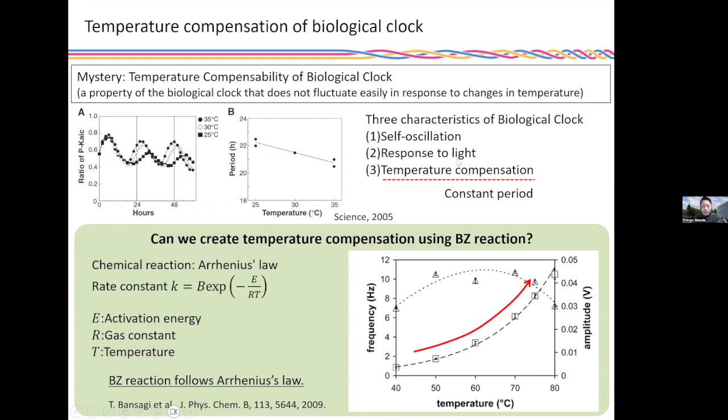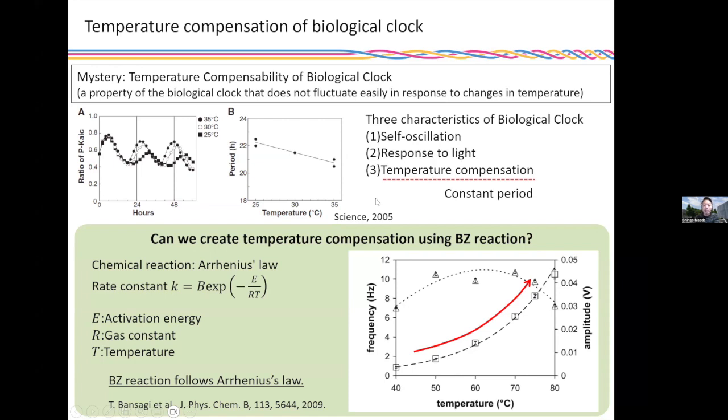And so my question is, can we create temperature compensation using BZ reactions? There are three conditions for the biological clock. The first one is self-oscillation, the second one is response to light, and the third one is temperature compensation. Basically, BZ gels show self-oscillations and also respond to light.